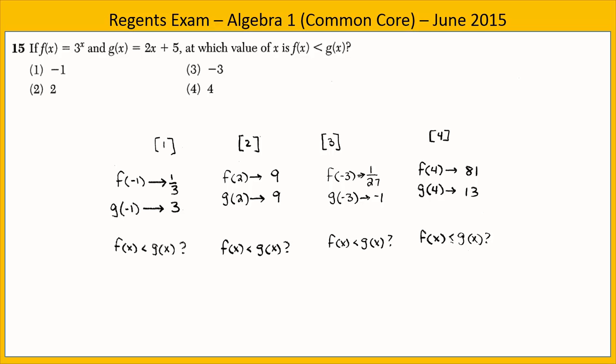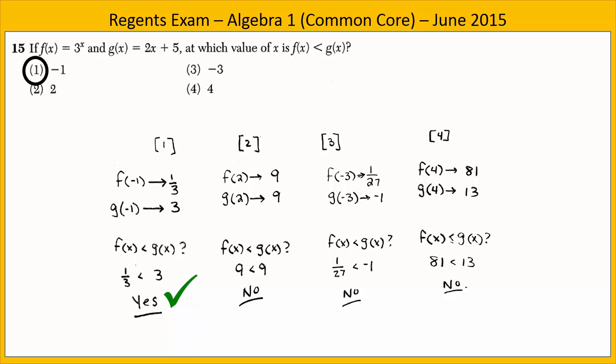Then compare. Is f of x less than g of x? When we look at the choices, we see that the first one, yes, choice 1, 1/3 is less than 3. The inequalities for choice 2, 3, and 4 are not true. And so for which value of x is f of x less than g of x? Choice 1. And so choice 1 is our answer.